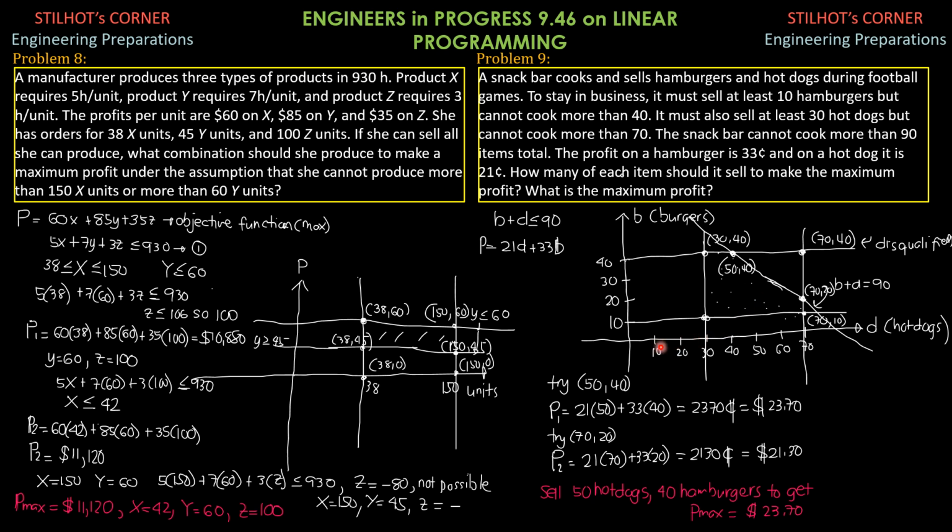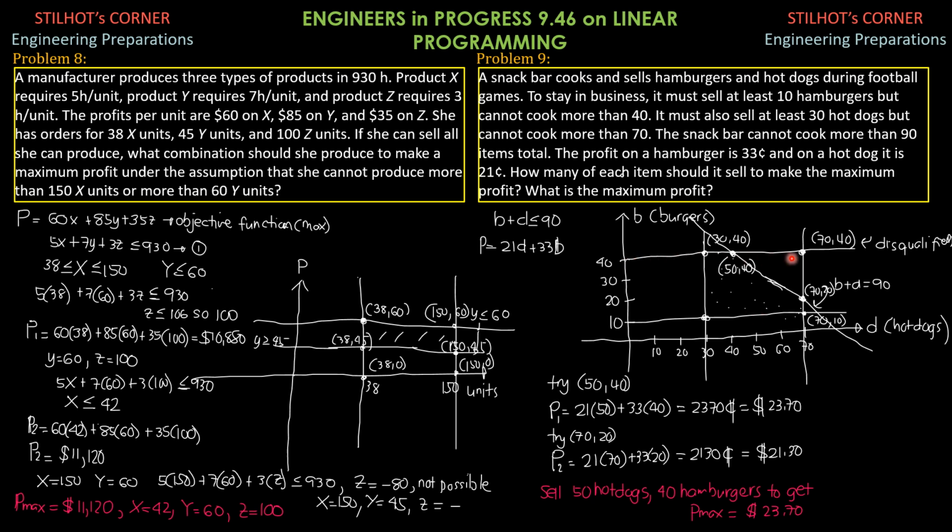The maximum profit should be away from the origin in this region. So we set for the vertical axis the burgers, and the hot dogs horizontal. It must sell at least 10 hamburgers, this horizontal here, burgers, and cannot cook more than 40.